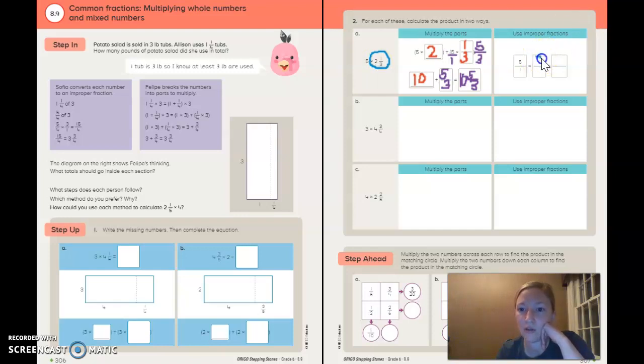So 7 over my denominator of 3. And then they multiplied straight across. 5 times 7 is 35. Okay. And then 1 times 3 is 3.